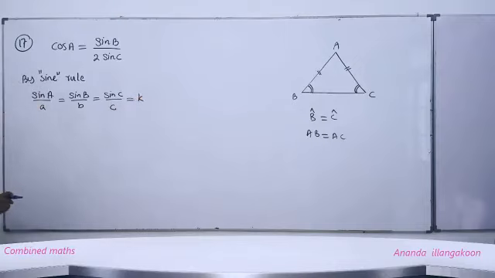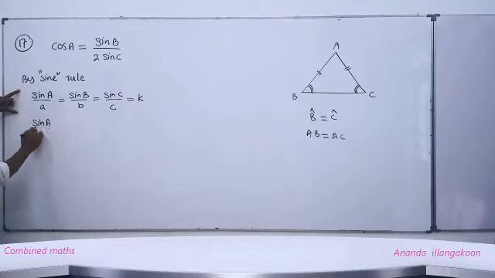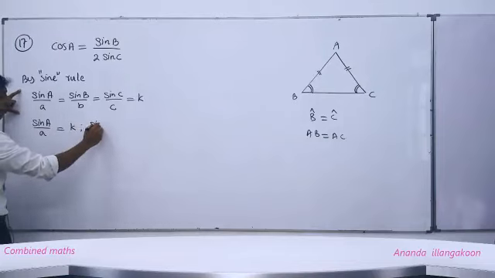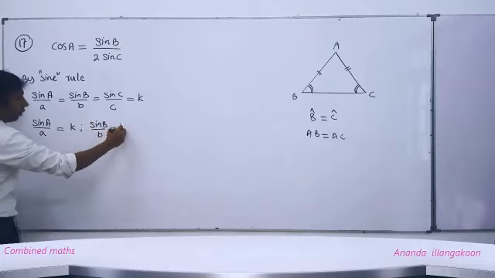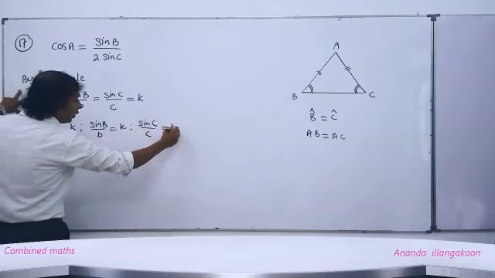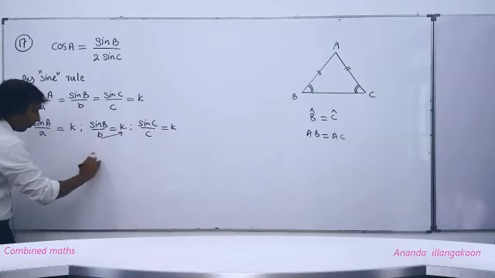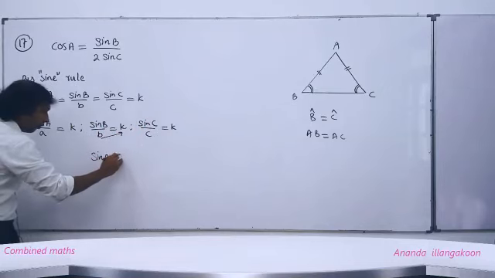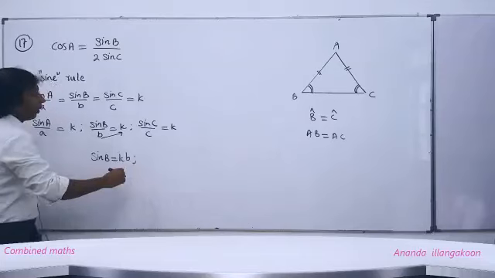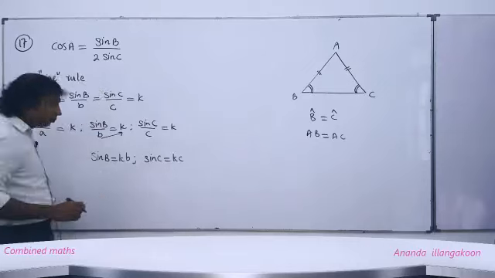Then once we equate this fraction to K, we get sine A by A is equal to K, and the other one, sine B by B also K, sine C by C also K. Then using cross multiplication, we get sine B is KB and sine C is KC.